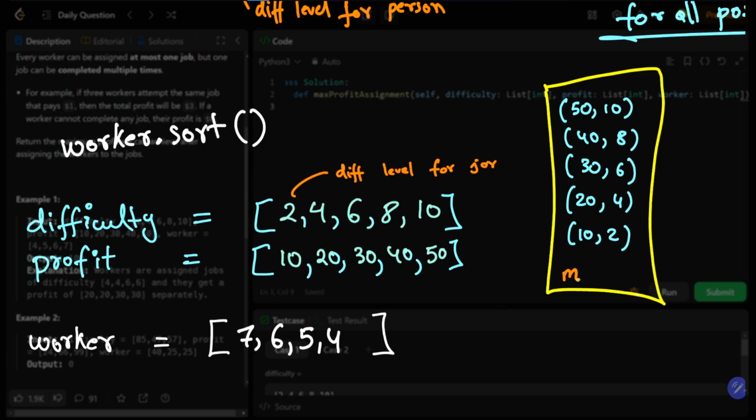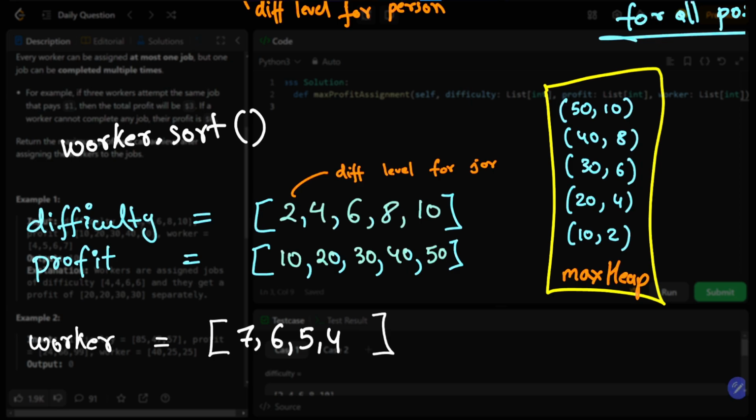We will be getting the maximum element first. For now, I made this in descending order because it is a max heap. It will give the maximum element each time. You can say maximum profit, comma, difficulty. So it will give me the maximum of both.